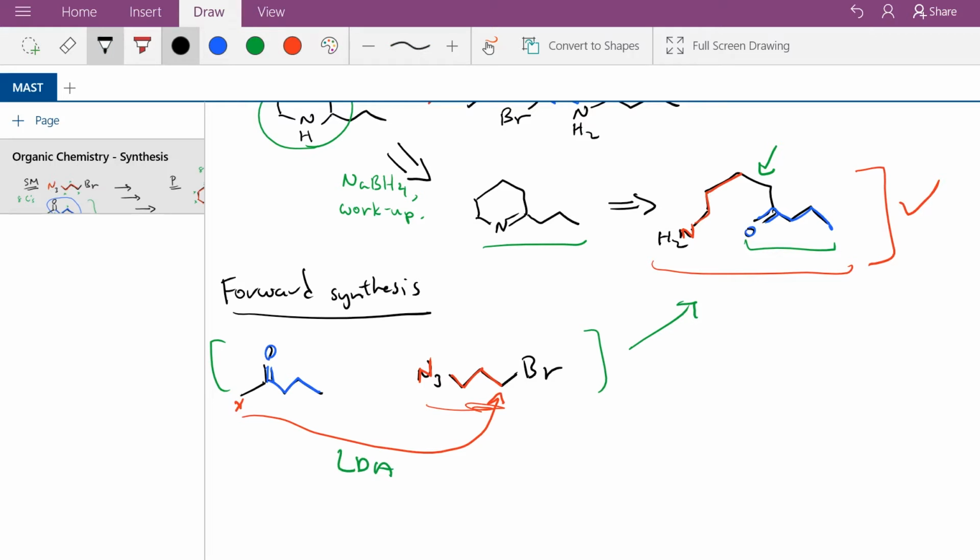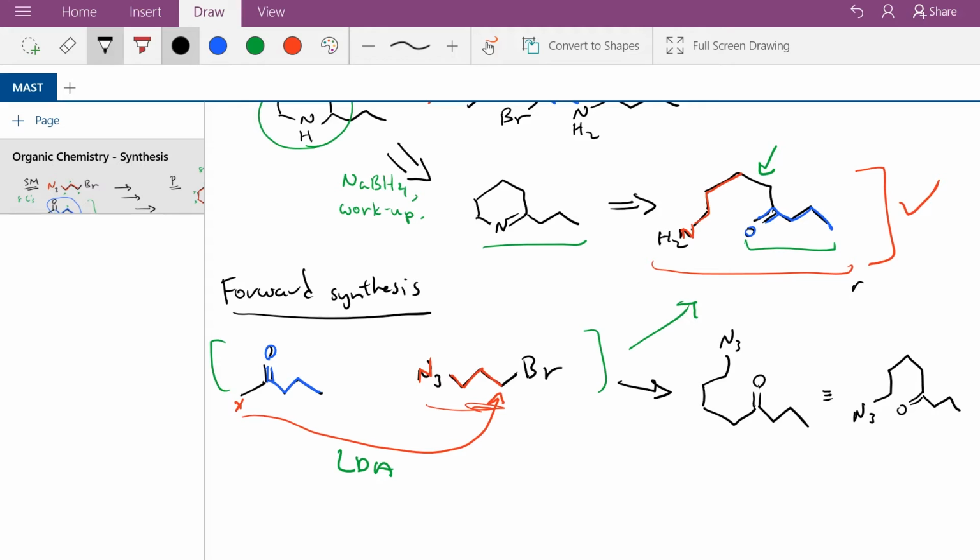And when you do that, you'll get a molecule that looks like this. And I'll also draw that out as this so that it looks a bit more similar to what we want.